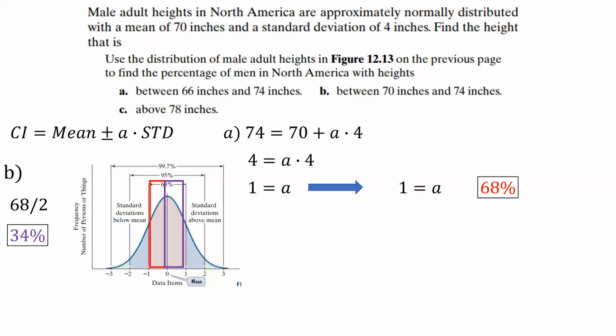So it's not always cut and dry to look just at a purple region, just at the red region. So that's why it's always good to have that normal curve as a reference. Honestly, that picture that I have pulled up is really nice because it makes it so you can clearly circle what region you want. Sometimes if I don't have that picture, I personally just draw it and label it almost exactly like this.